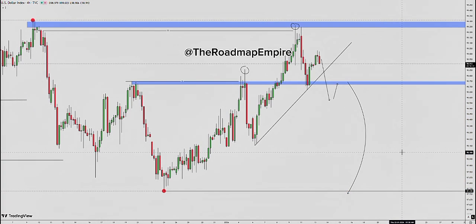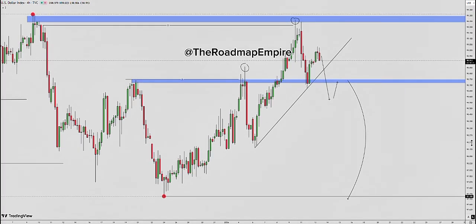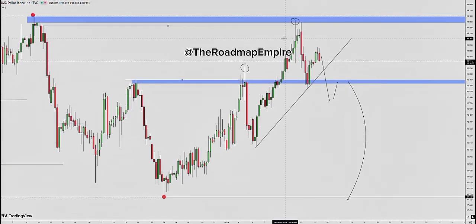So this is the outlook for the USD, the dollar, for the week. This is what we are looking at, and then we'll know how to trade our EURUSD, GBPUSD, AUDUSD, USDJPY, USDCAD, and every USD pair.